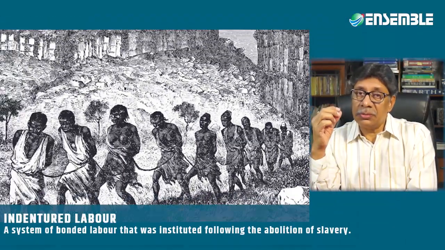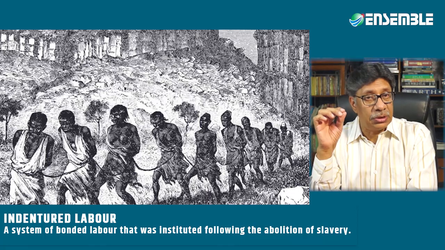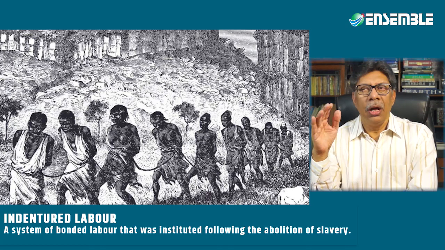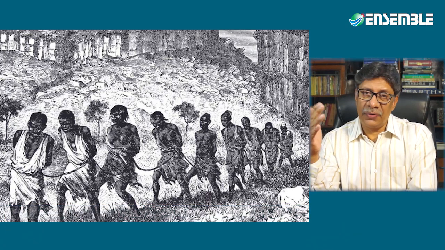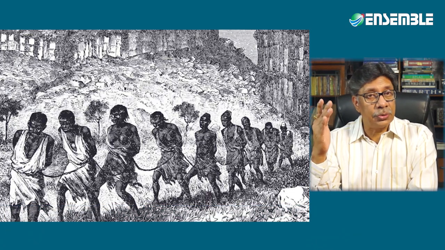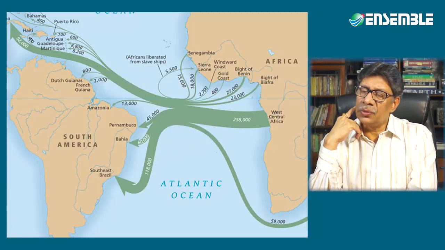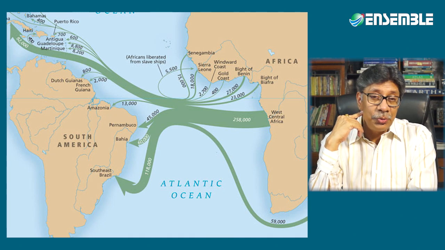Now, beginning with the answer, we talk about indentured labor. Indentured labor was a system of bonded labor that was instituted by the British following the abolition of slavery, particularly in the wake of the slave trade that they used to have from the western coast of Africa, and that was really inhuman.